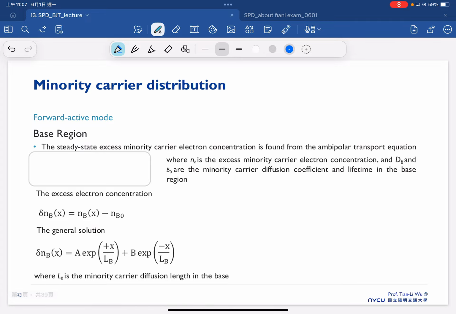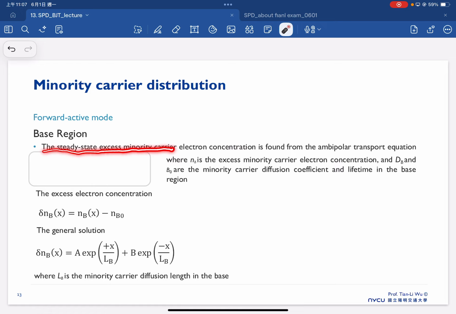So for the base region, the steady state excess minority carrier electron concentration is found from the bipolar transport equation.